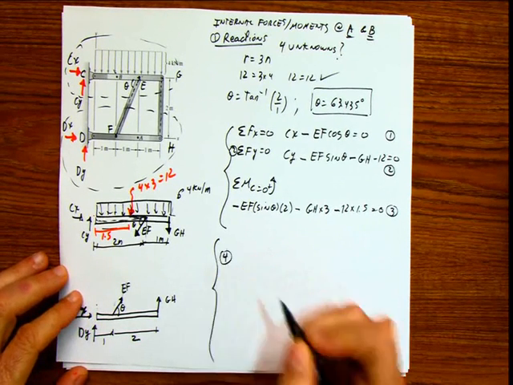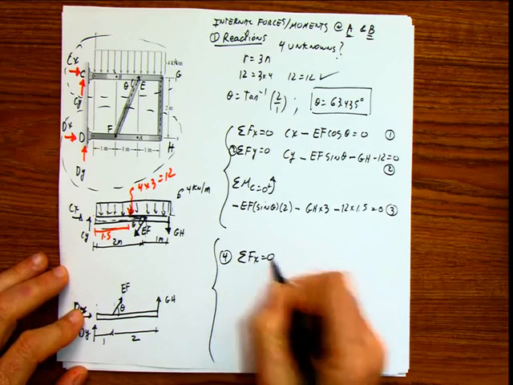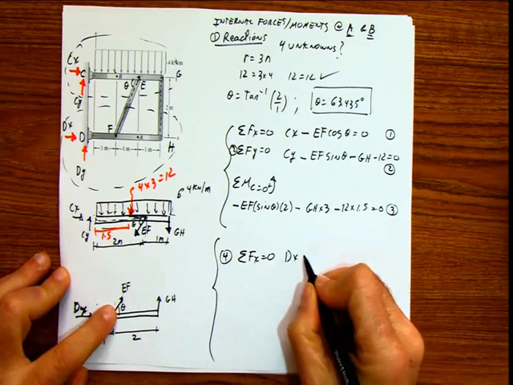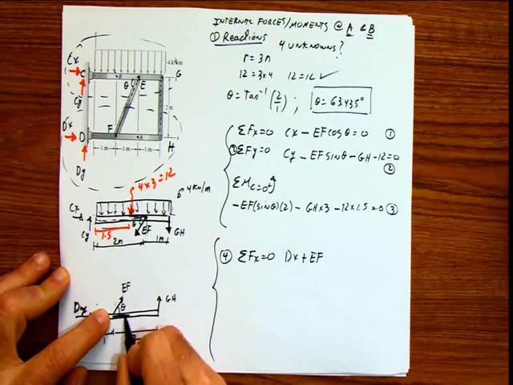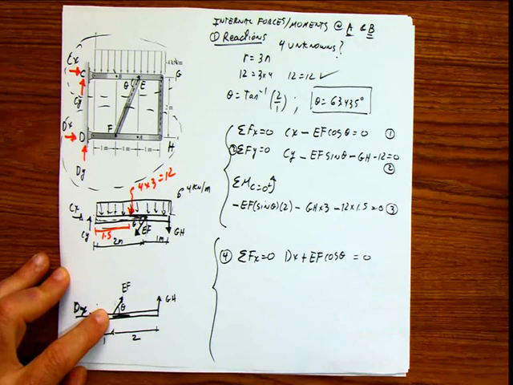I'm going to call this equation 4, which is going to be summation of forces in x equals 0. Then we have dx plus EF cosine of the angle, because it's adjacent, nothing else, equals 0.